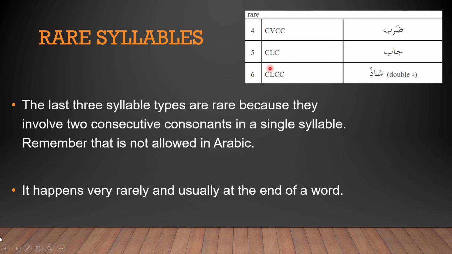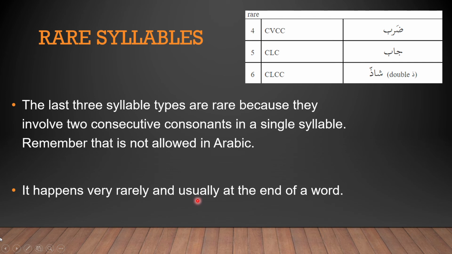Now if you look at all these rare syllables, we see that these usually happen at the end of the word. See, Ra and Ba, they are both blank and it's the end of the word. Even here, Ba and Sukoon, which comes after a long vowel, it's at the end of the word. Similarly, over here also it's at the end of the word. So we see that the rare syllables almost always come at the end of the word.